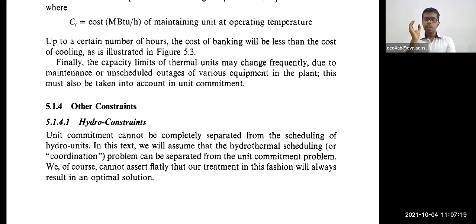Thermal generating units, as I already said, are one of the most complex generating units to operate as well as maintain. So if you solve for the thermal generating units, then hydro and renewable energy scheduling is very, very easy.